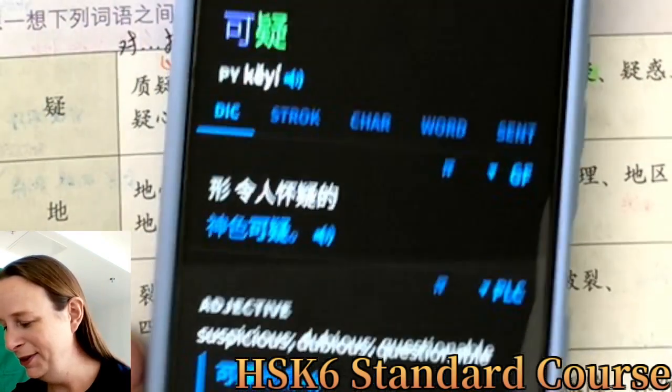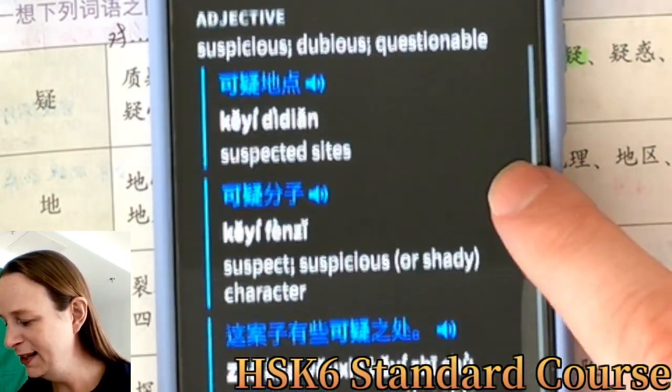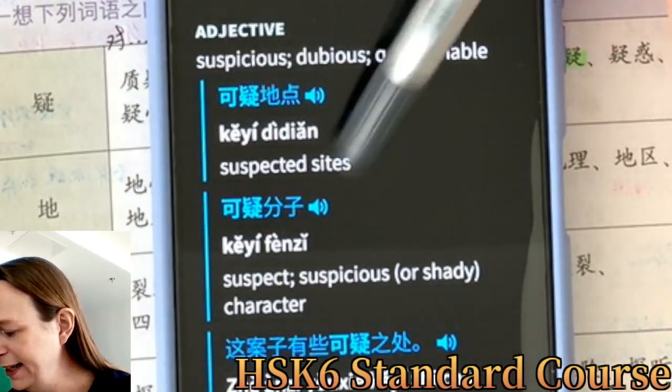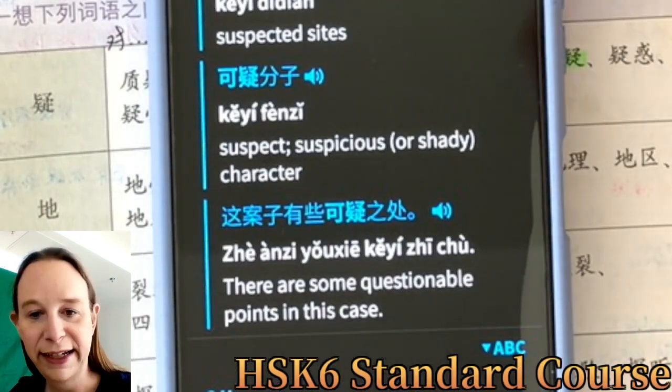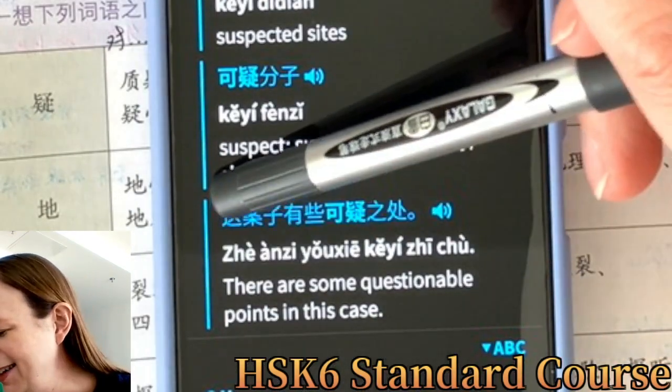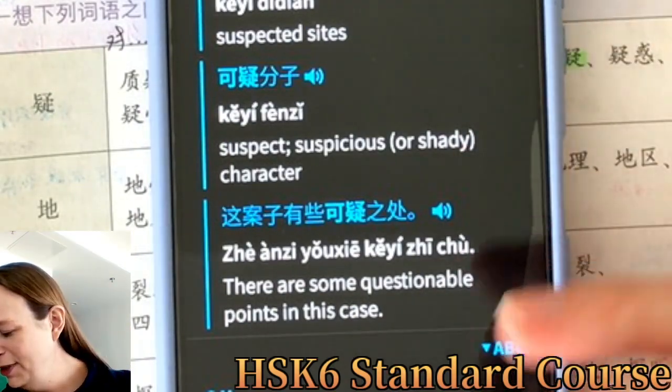Yeah, cause people to be skeptical, like dubious. It's a dubious claim. 可疑地点, 可疑分子. 这案子有一些可疑之处. This case, there's a few suspicious things.